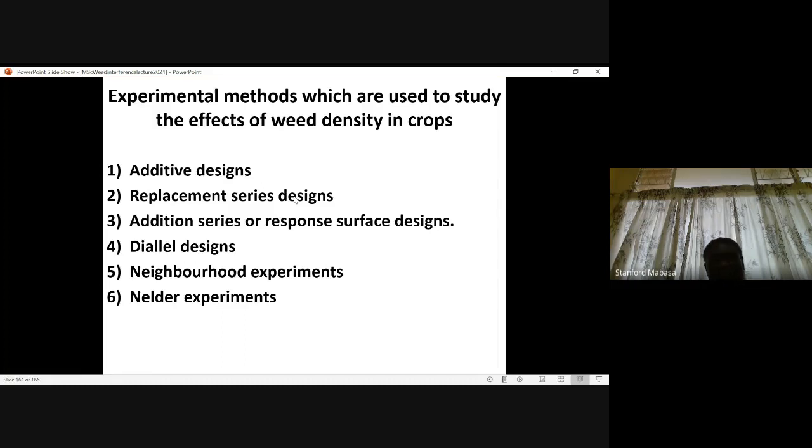Then we also talked about diallel designs. These are less used by weed scientists. Neighborhood experiments, yes, they may be used by scientists doing agronomy or weed science. Then nailed experiments, these we said are applicable to forestry.